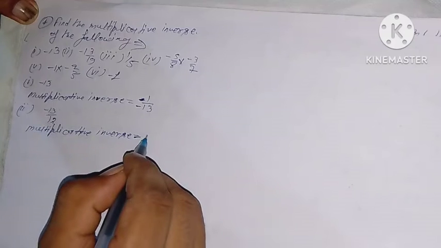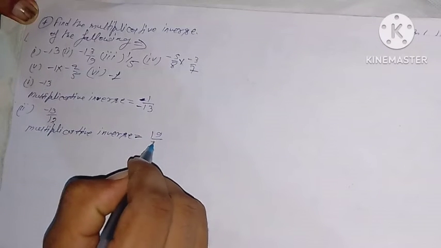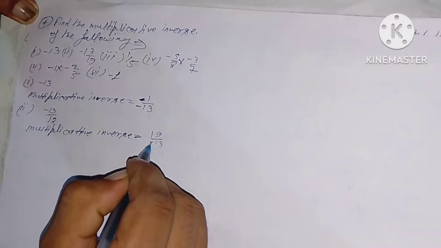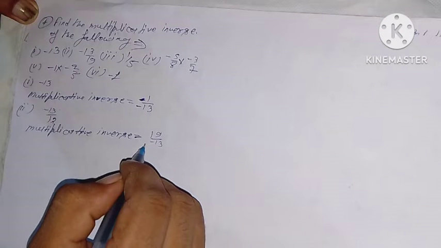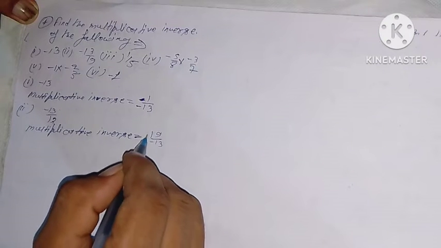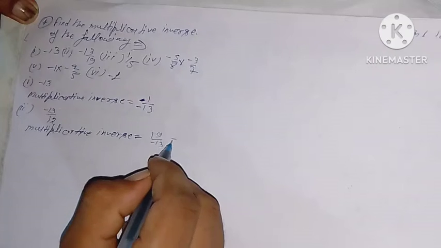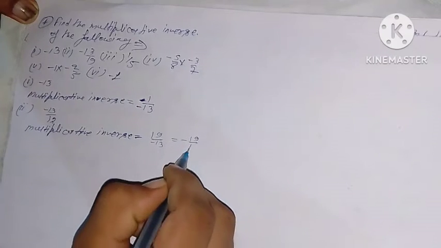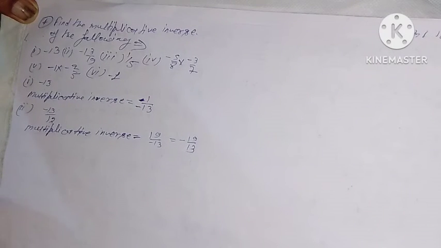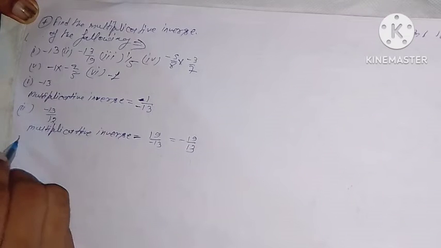Then the value is 19 upon minus 13. Multiplying the minus sign to both sides, the value is minus 19 upon 13.